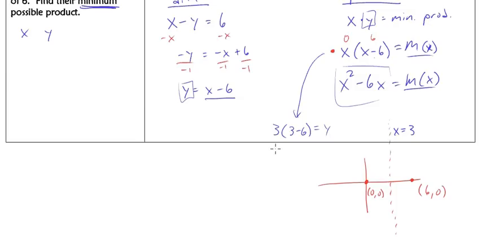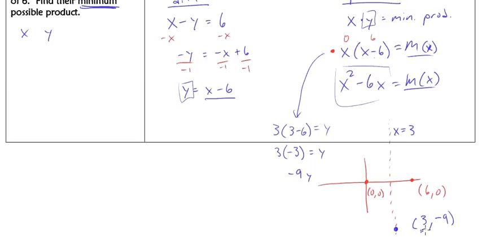And we'll have 3 times 3 times negative 3, which gives us y equals negative 9. And so we just found our vertex through the factored form. So at 3 was our input, and our y value was negative 9.